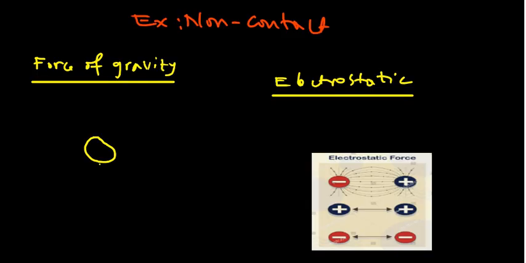Going forth, we can come to non-contact forces. We have the force of gravity, which is the force that pulls everything downward to the earth or to the center of the earth. This Fg is the force due to the gravitational pull of the earth, which comes with everything that falls under the influence of gravity, or acceleration due to gravity, which is equal to 10 meters per second squared or Newton per kilogram.